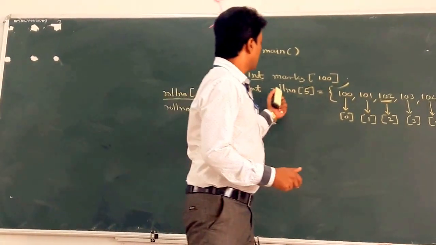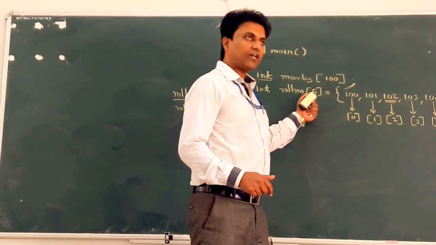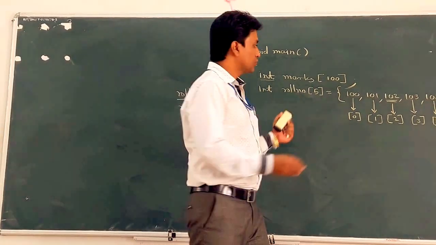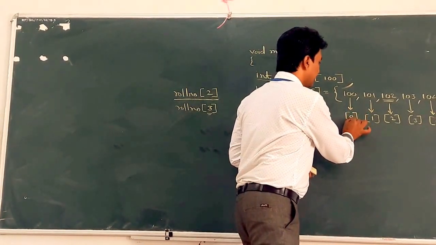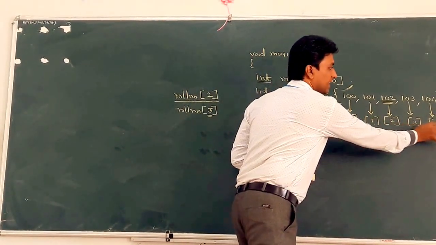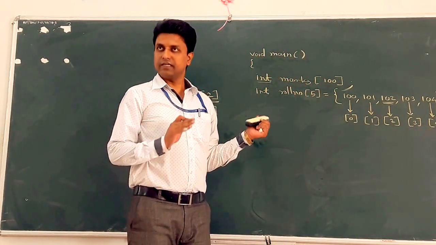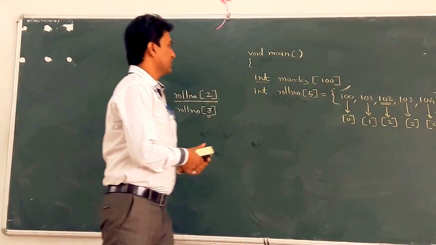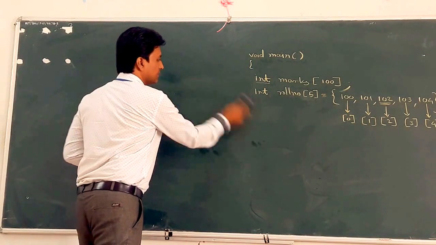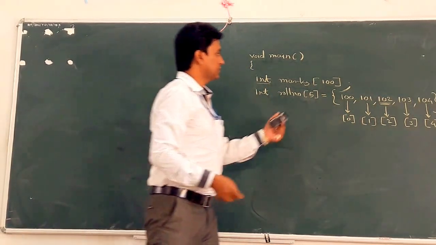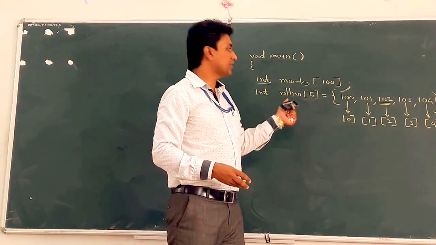So roll number of 5 is an array of 5 roll numbers stored at the respective indices 0, 1, 2, 3 and 4. Clear?